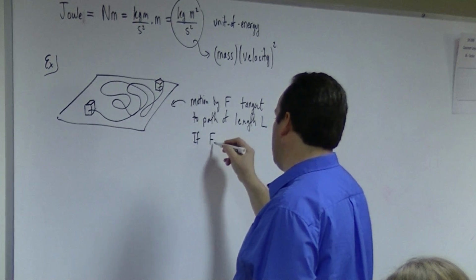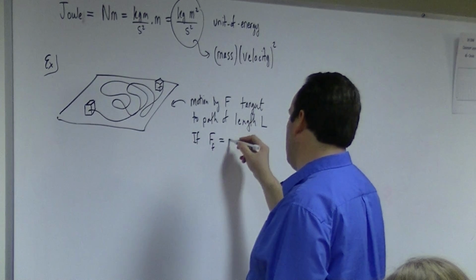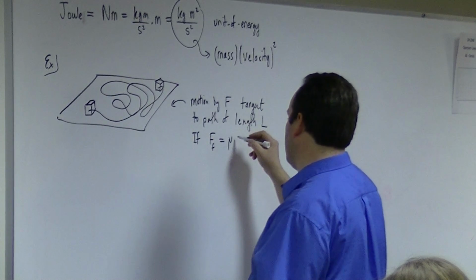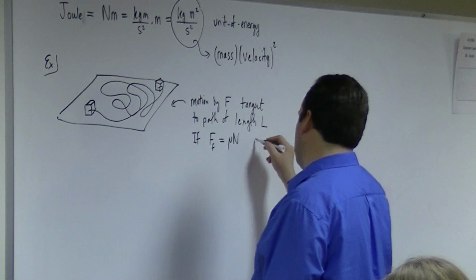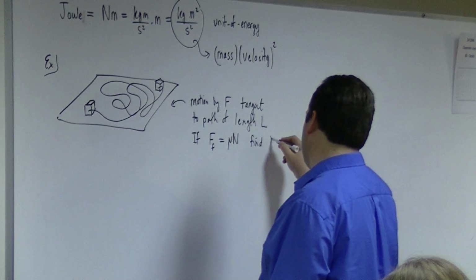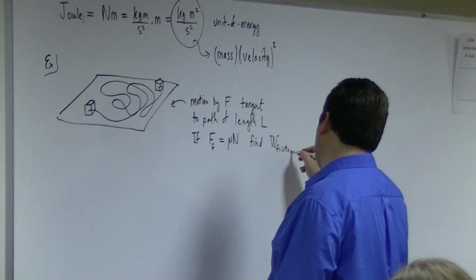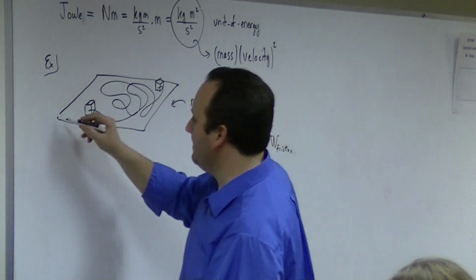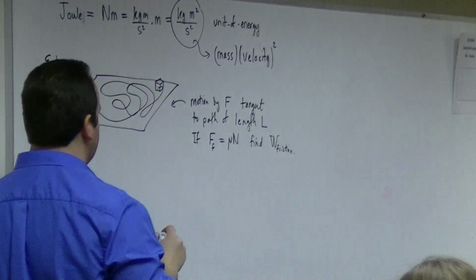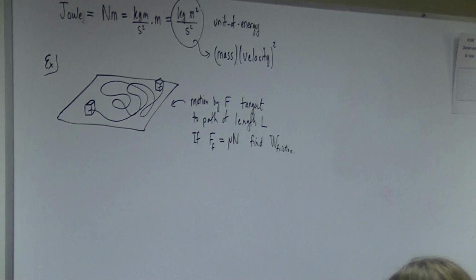If the force of kinetic friction is mu times the normal force, what's the work done by friction in this silly example of mine? It's in a plane, all right?